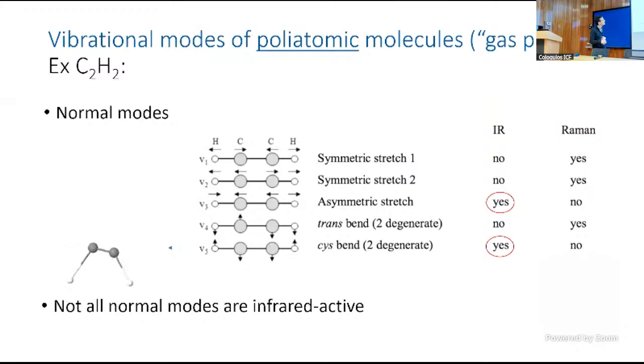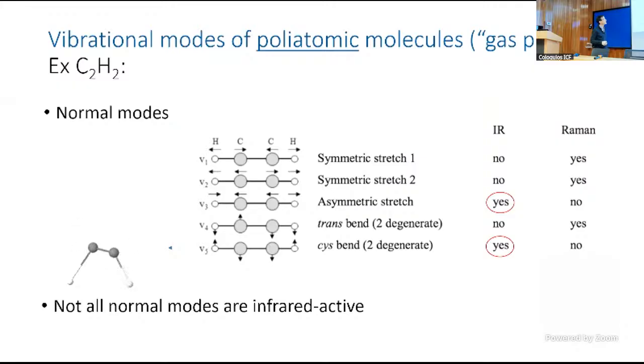If you associate a charge here with the carbon ions and another one with the hydrogen, when this goes down and this goes up, you have imbalance. There is a moment there, it will change with time, but you have it. Same thing for this one, the asymmetric stretch, but not for the other ones. For this, it's perfectly symmetric.